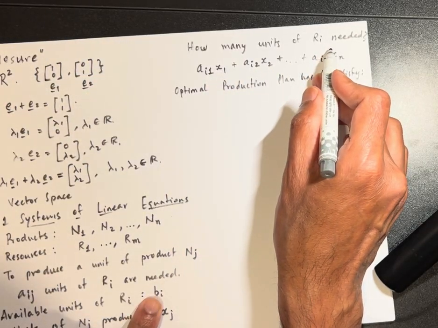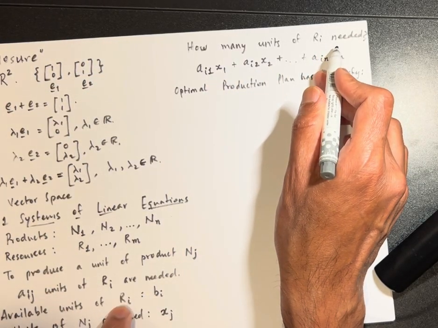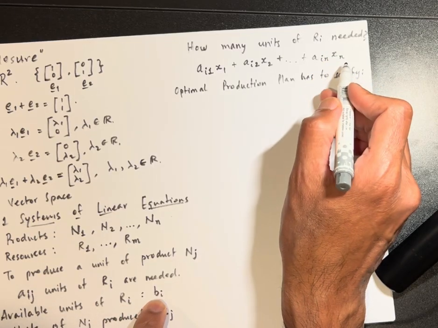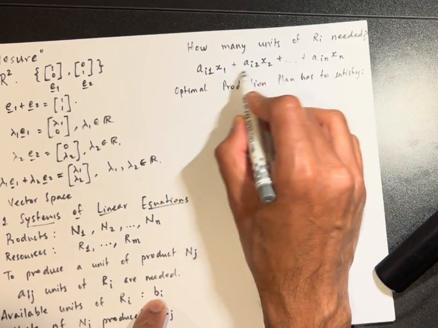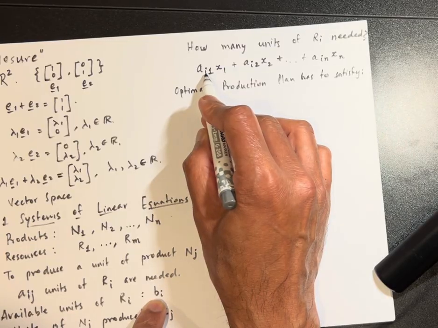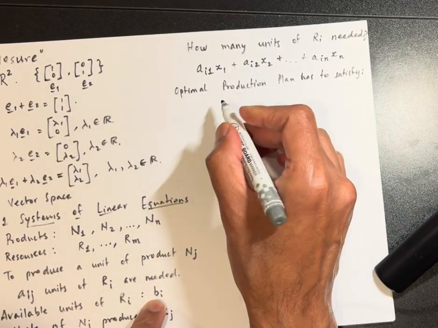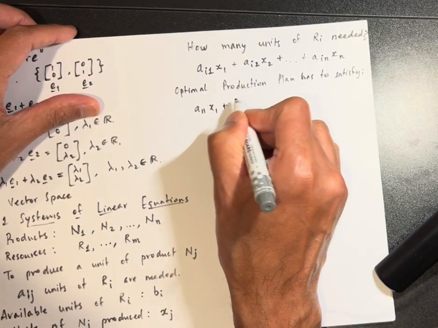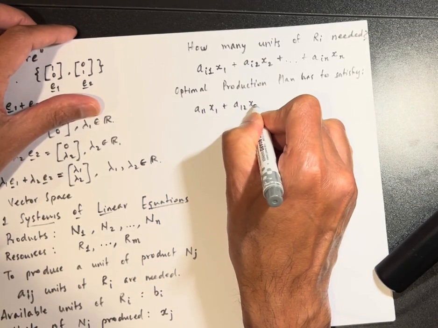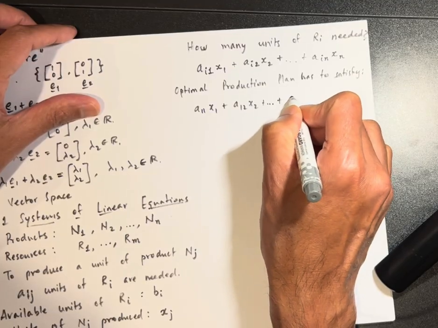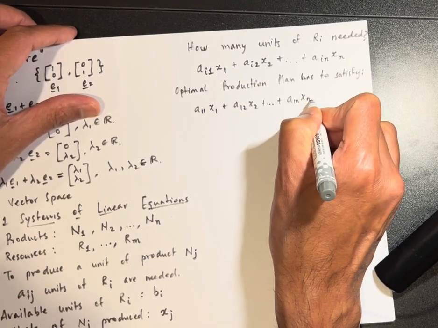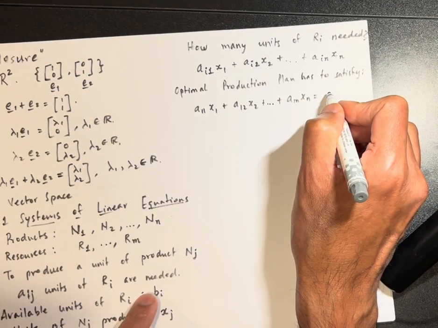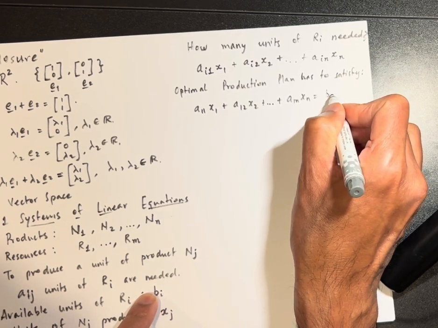We know that B1 units of R1 are available. So if we take this whole thing for the i equal to 1 case, it has to be equal to B1. So we need A11 x1 plus A12 x2 up to A1n xn equal to B1.